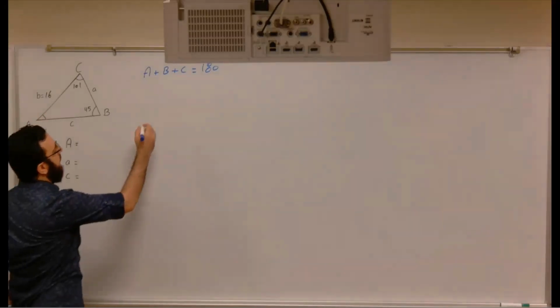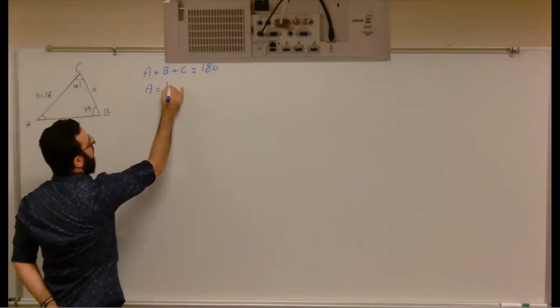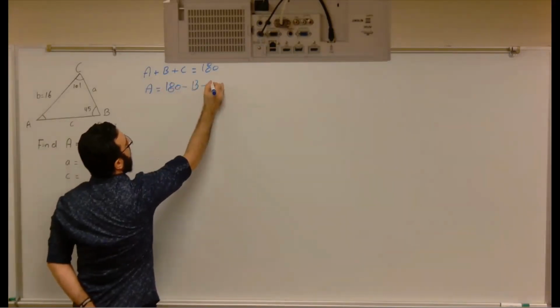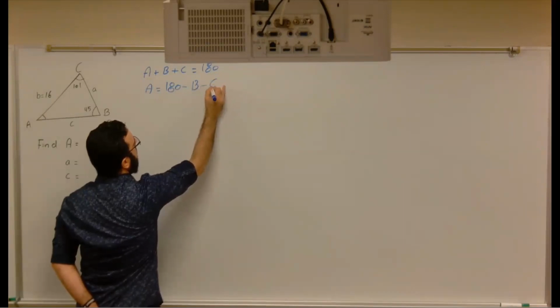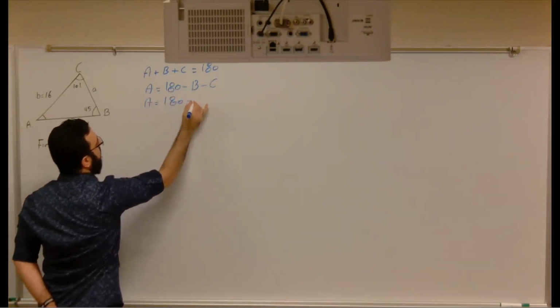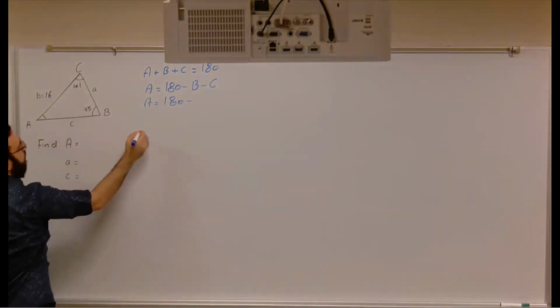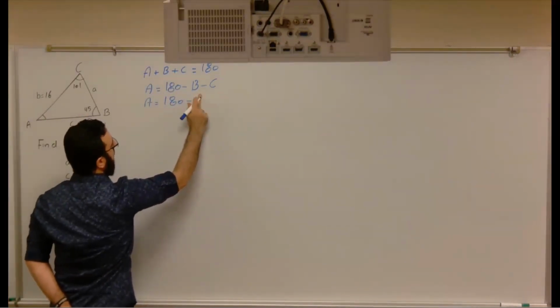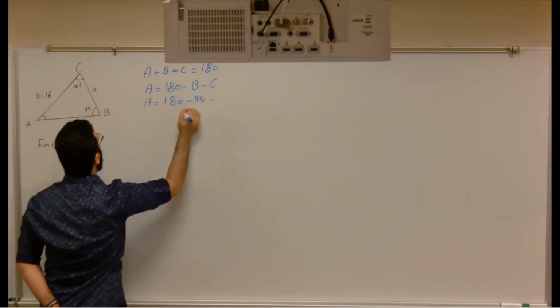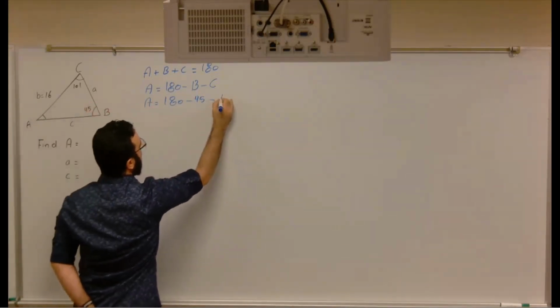A equals 180 minus B minus C. That means A equals 180 minus 45 minus 101.